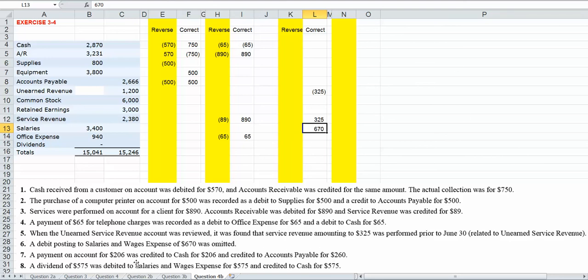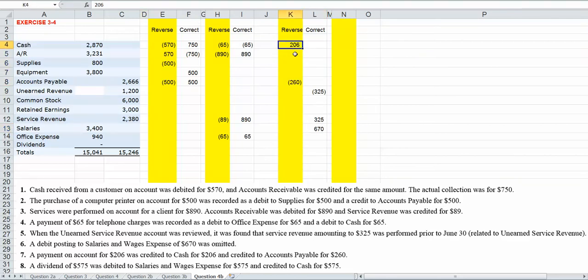Item number 7, a payment on account for $206 was credited to cash for $206. That's fine. Now, if we make a payment on account for $206, cash goes down by $206. But instead of decreasing accounts payable, we increased it, and we increased it by the wrong amount. So let's just completely reverse that entry.